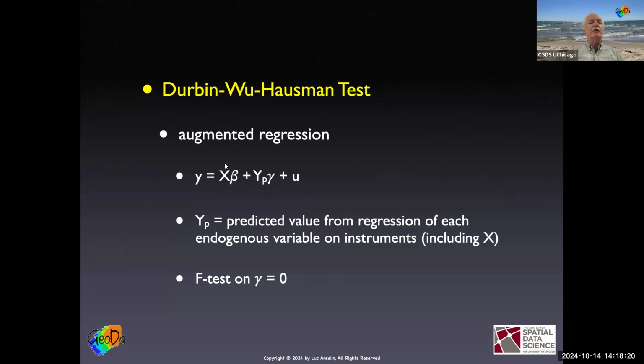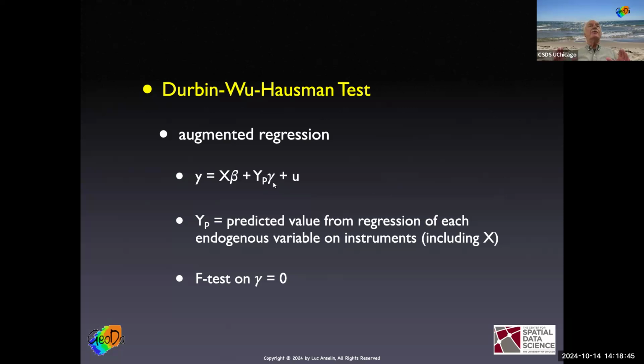All the explanation should be done by X beta. There is no reason why these additional variables add anything to the equation, right? In other words, we want to check whether this gamma coefficient here is zero or not. If it doesn't contribute anything, that coefficient should be zero, right?